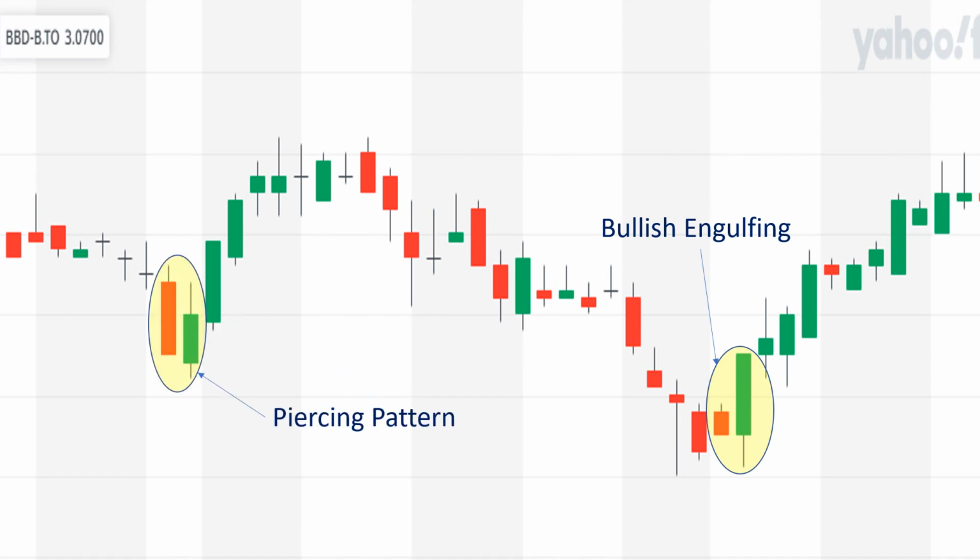Now the same thing as bullish engulfing. These two candles have a strong bullish power like bullish engulfing. The buyers are in control of the market and want to push the price higher.